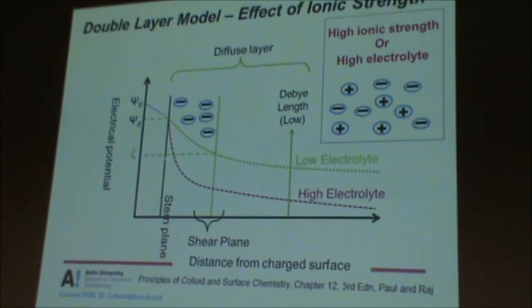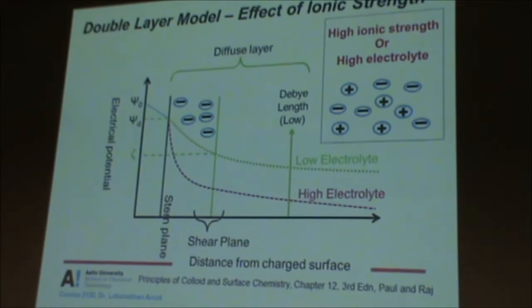So if you increase the electrolyte concentration, the number of counter ions is increased, so the electric field will be attenuated even faster. As a function of distance from the surface, the potential will drop at a much more rapid rate compared to when there was lower electrolyte.